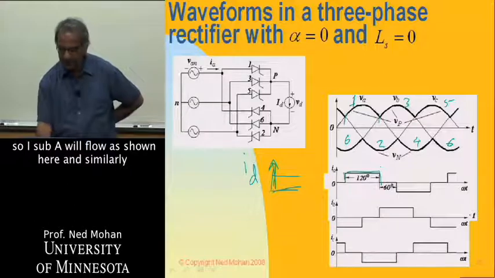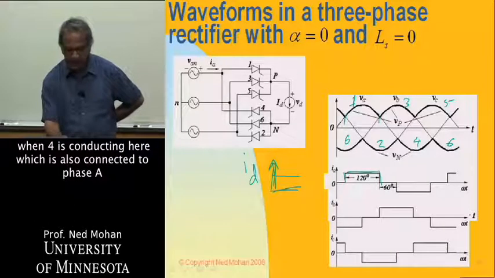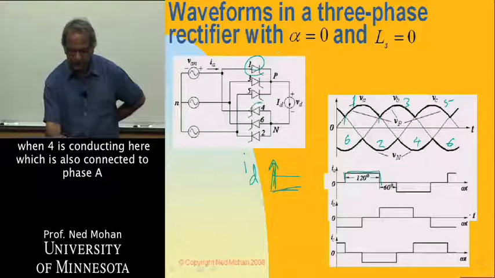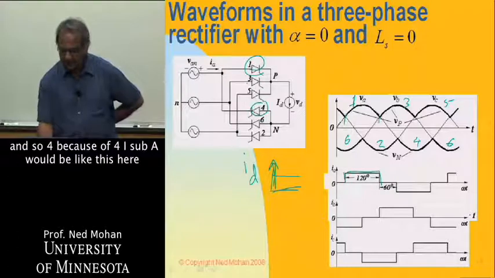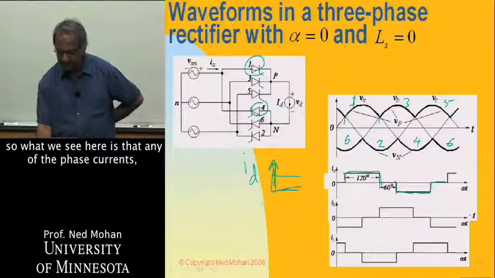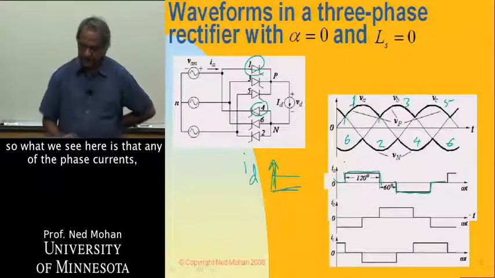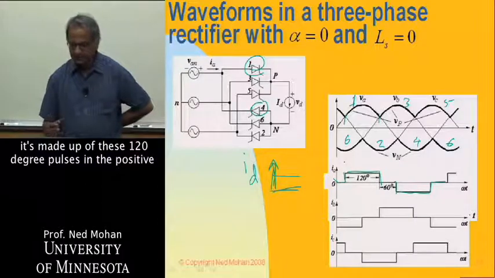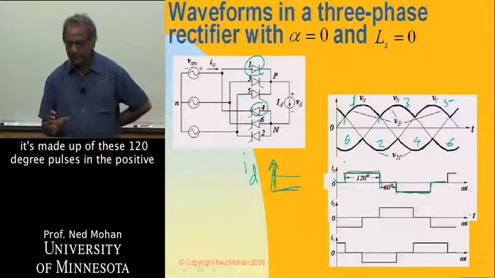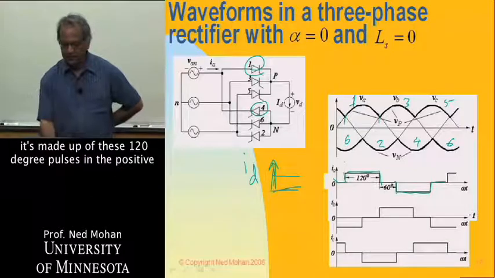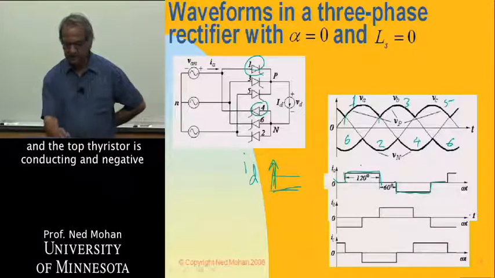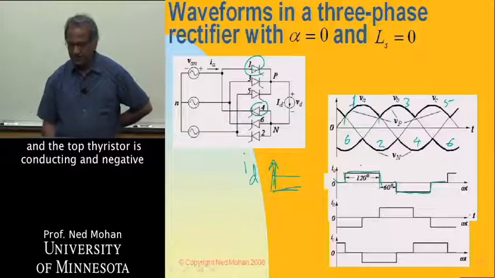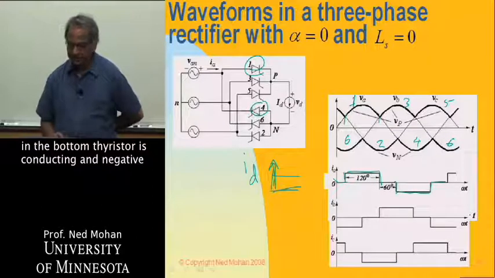And similarly, when 4 is conducting here, which is also connected to phase A, because of 4, I sub A would be like this here. So what we see here is that any of the phase currents is made up of these 120-degree pulses, positive when the top thyristor is conducting, and negative when the bottom thyristor is conducting.